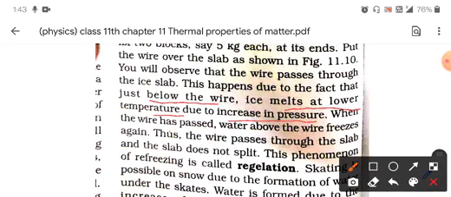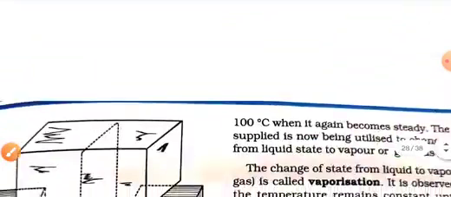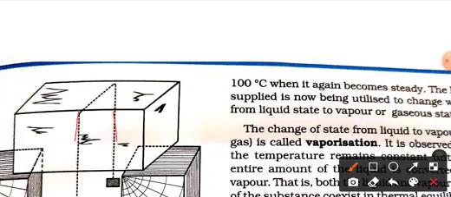So when the wire has passed, water above the wire freezes again. When this wire passes through, the surface above the wire will again start freezing because that surface is now not feeling any extra pressure; it is at atmospheric pressure.